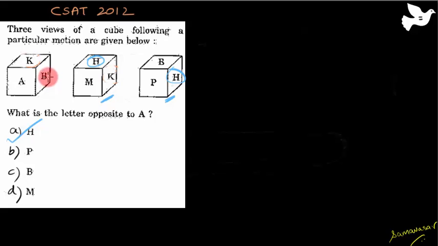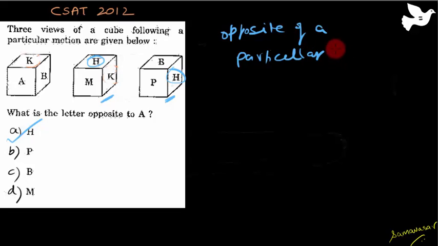Whenever I need to find the opposite of a particular face, what you would need is two views in which that one alphabet or symbol is common. A is not common in any two cubes, so let's take something which is.